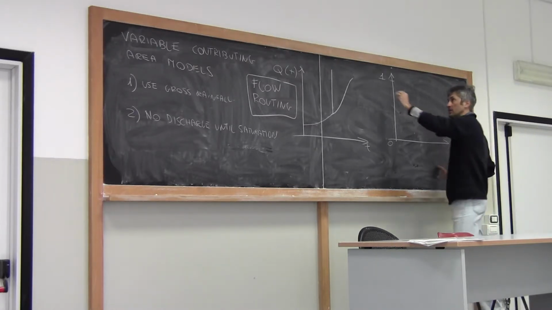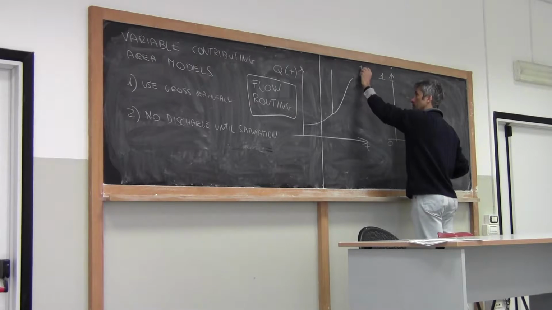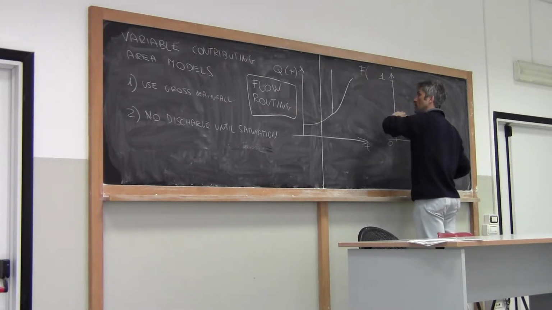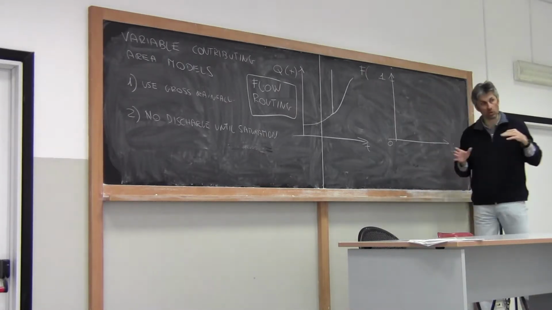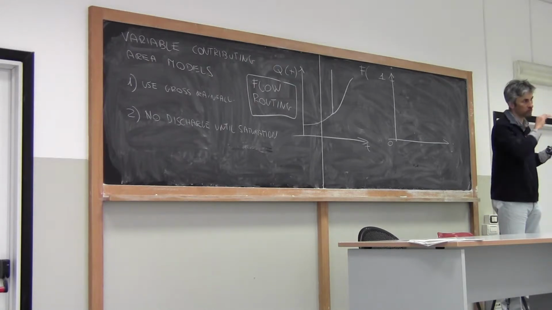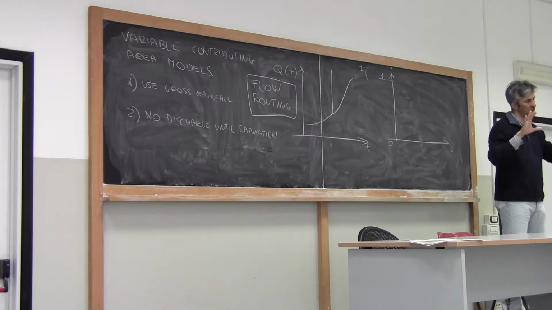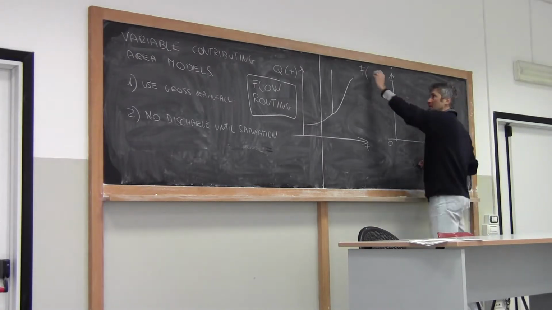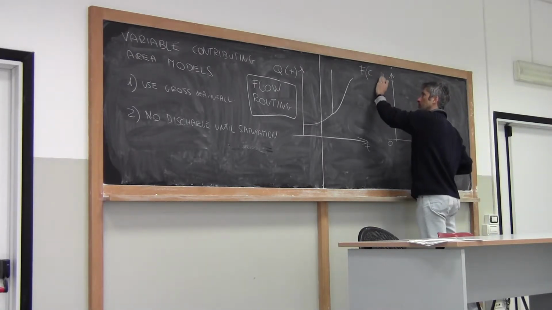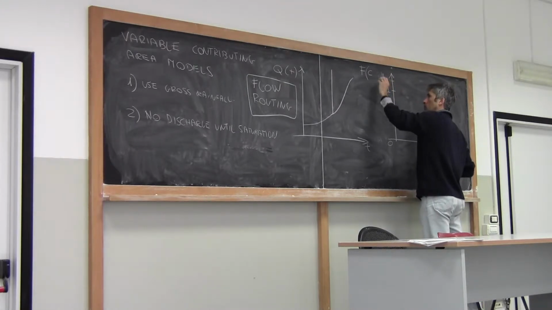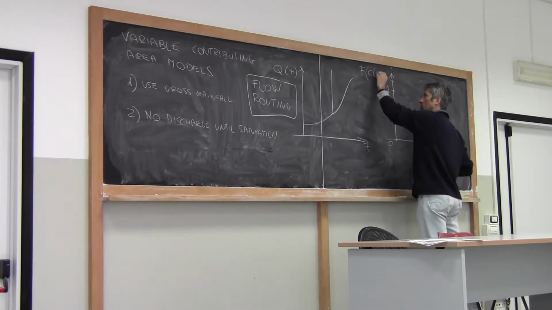So let me call this F, which depends, of course, on rainfall, but I don't want to use a symbol for rainfall now, because I have to stay more general. Let me put a quantity C, which depends in turn on time.